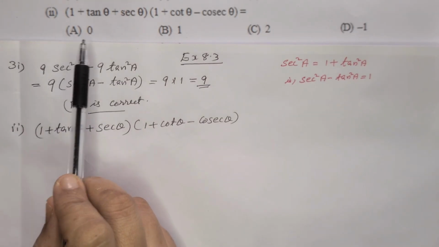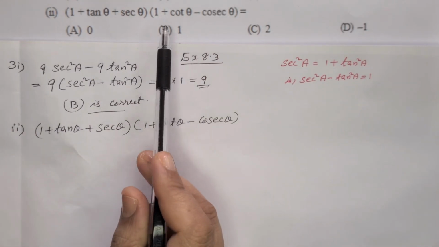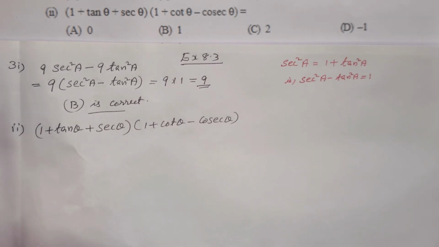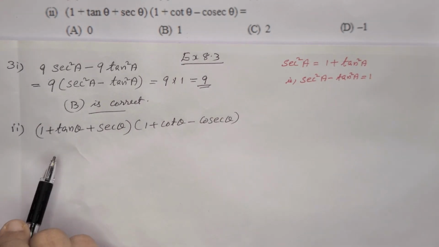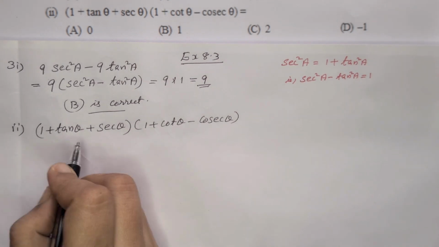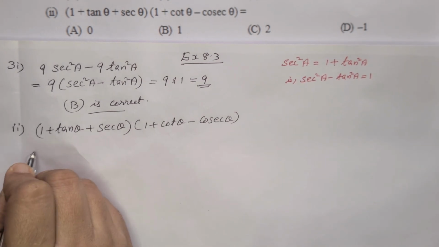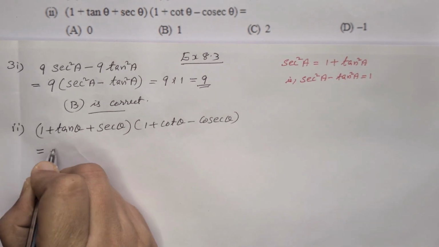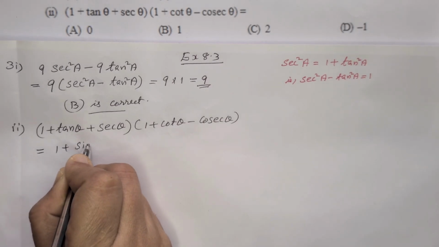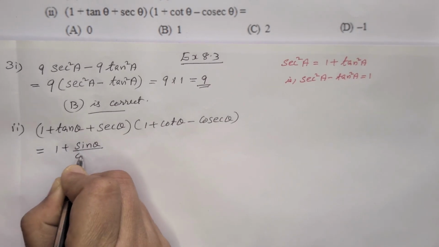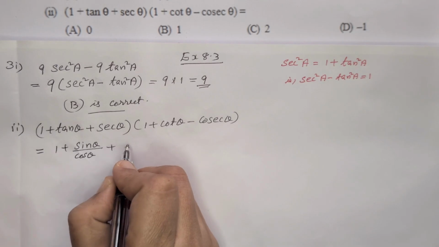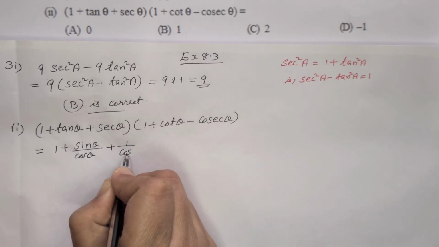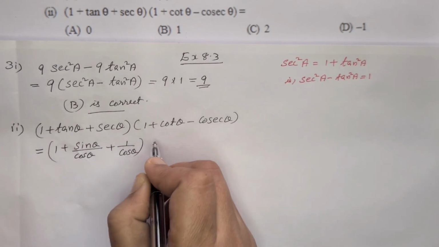Second one, 1 plus tan theta plus sec theta into 1 plus cot theta minus cosec theta. First we can convert all these terms in terms of sin and cos. So this we can write as 1 plus sin theta by cos theta plus sec, which means 1 by cos theta, that in the first bracket.